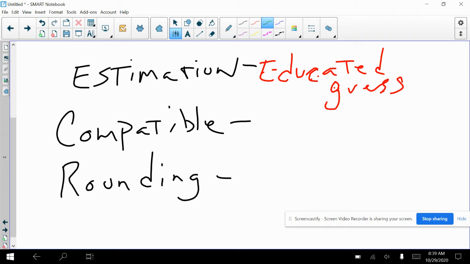What was our definition of compatible numbers? Grant, do you remember?